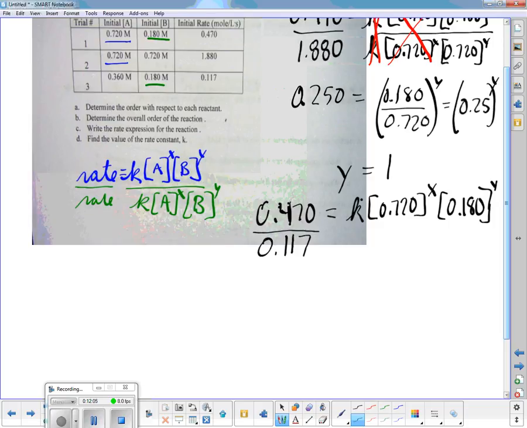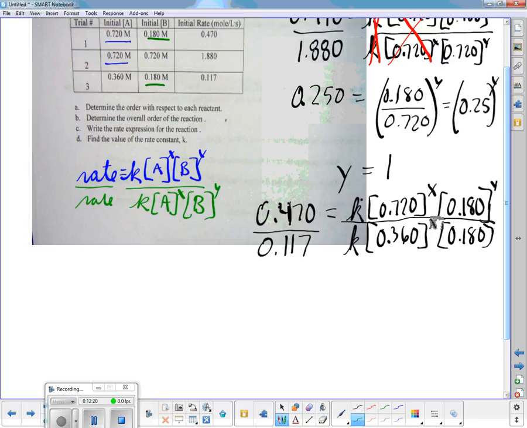0.117. Need the rate first. k equals 0.360 to the x, and this is all divided by 0.180 to the y. Now canceling out what we already know. You can just leave it as 1.